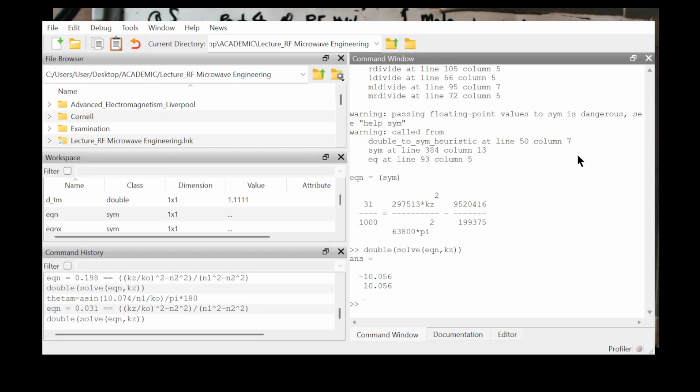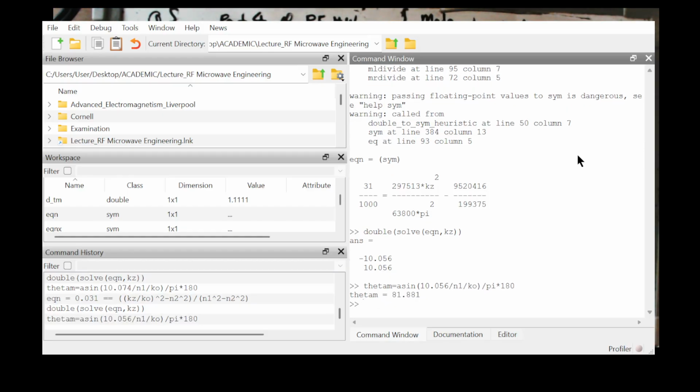And I will use this value to work out the angle. The angle is 81.88. So this is the answer of the question.